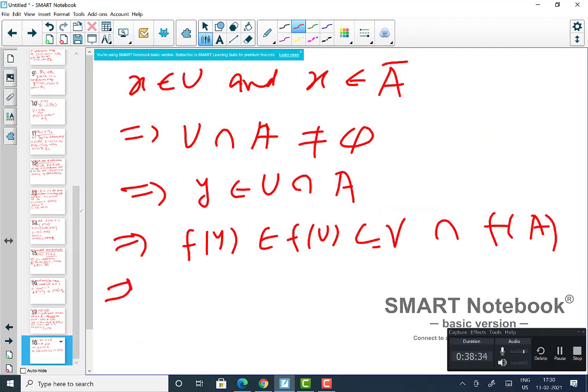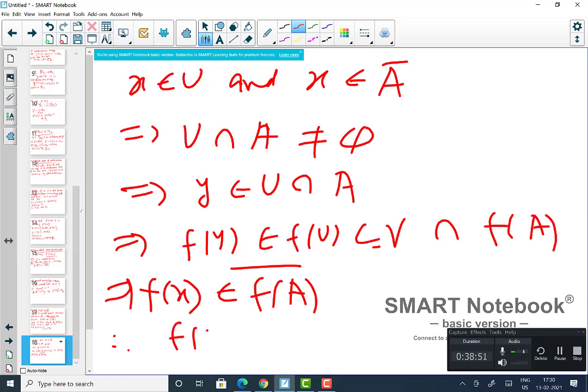So this implies that f of x is actually inside the closure of f of A. Yes, this is the meaning, and this is what we need to prove, because originally x was an arbitrary point. So f of x belongs to this, which means that f of A closure is a subset of f of A whole closure.